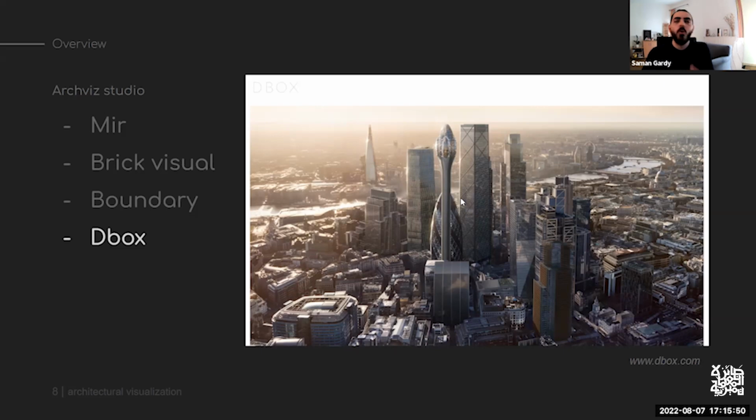The whole marketing was done by D-Box, because now they are working as a marketing agency where you give your project and they prepare everything from A to Z for you. So these are some of the high-end studios in the industry.